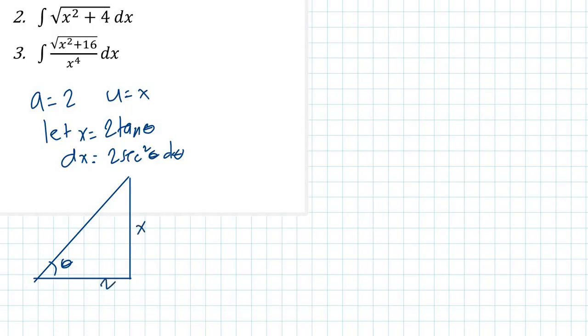This is 2. This is the square root of x squared plus 4. So there you go.